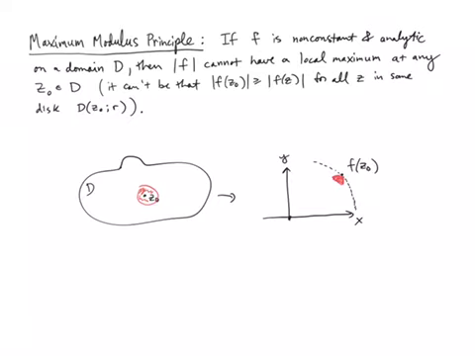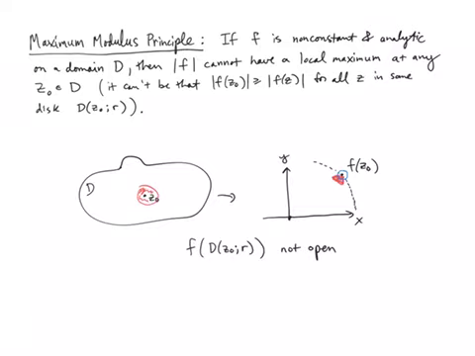But that means that the image of this disk, so f of this little disk around z0 of radius r, is not going to be open, right? So this is not open, because if we put a little disk around f of z0, that's going to contain points that are not in the red part.